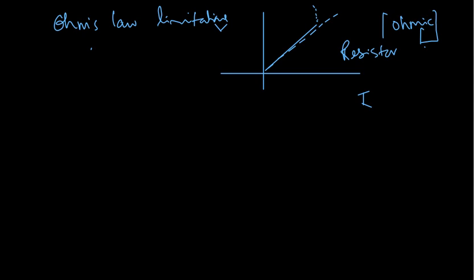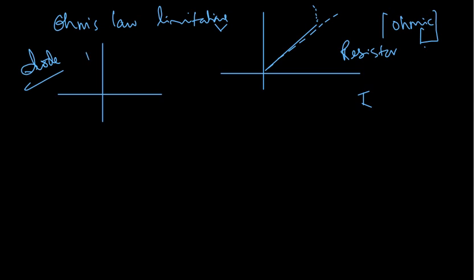A diode is an electronic device. So the current is actually very small as a function of voltage. Initially, for small voltages it will be like that, and suddenly this will go like that. As the voltage increases, I will tremendously increase.